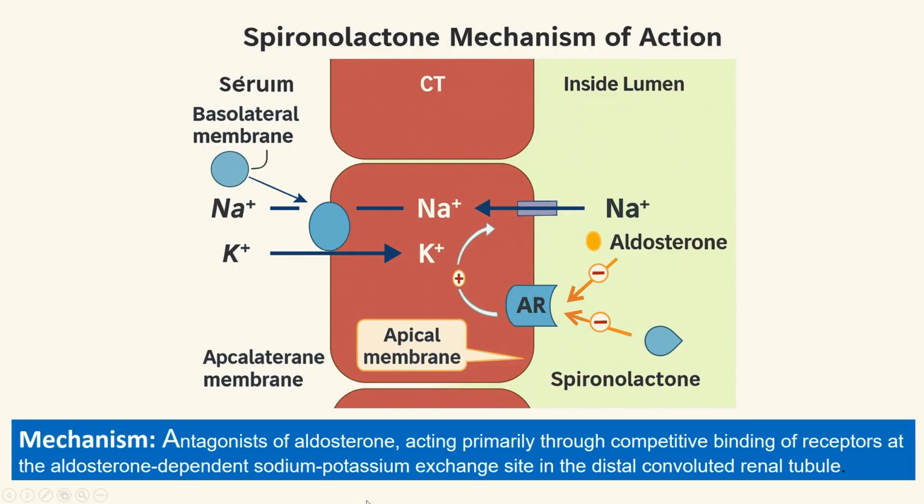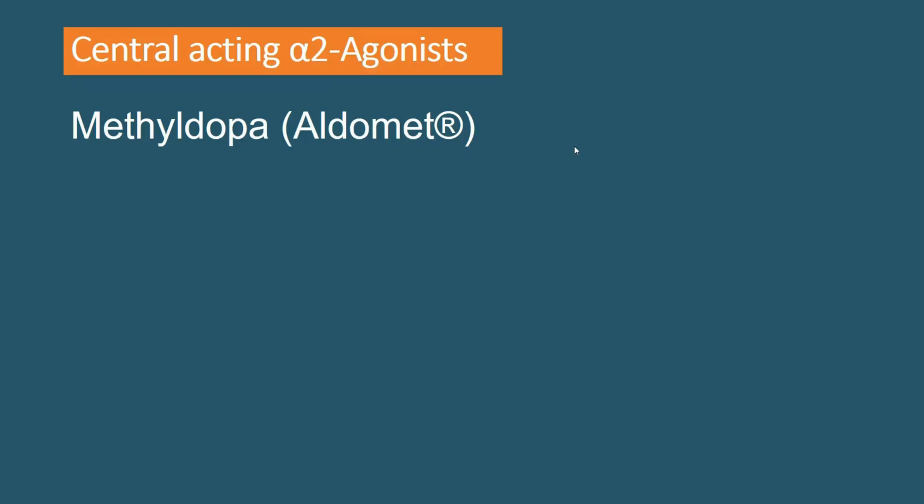Basically, they antagonize aldosterone, and they compete for the binding receptors of the aldosterone dependent sodium potassium exchange site, and as a result of that, it does hold the potassium inside the blood. As a result, that increases the potassium level. So these types of diuretics cause hyperkalemia, or increase in potassium levels.